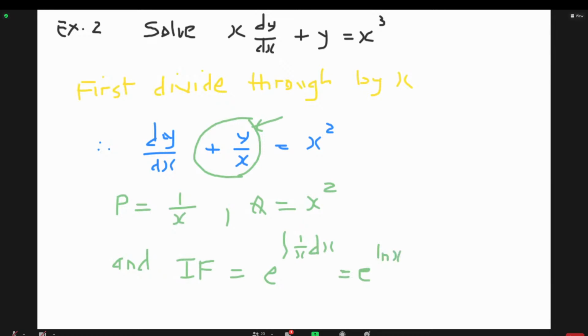But remember, e is the inverse of ln. So if you work out ln 5, the answer that you get, if you work out e to that value, you're going to get back 5. So it's the reverse. In other words, the e and the ln will cancel here, and we're going to get x.